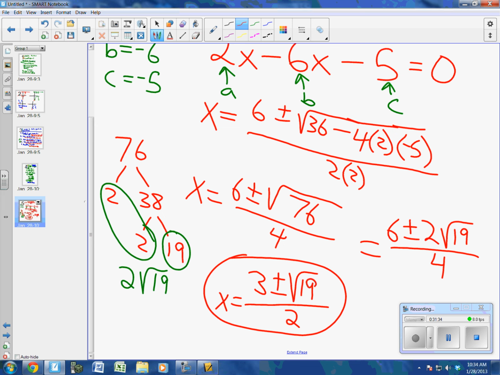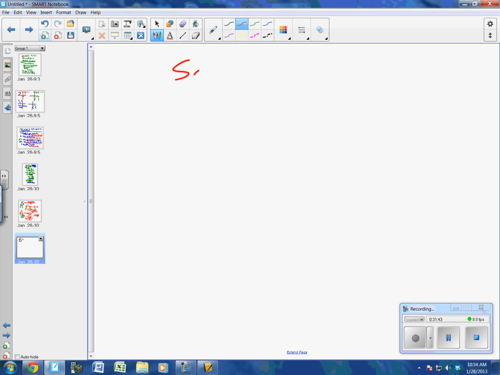How many of you think you can do that now by yourself? We're going to find out right here. Everybody, I want you to solve using the quadratic formula.